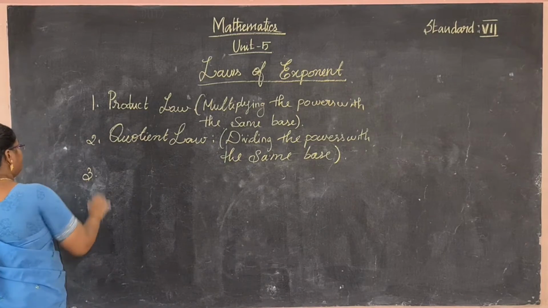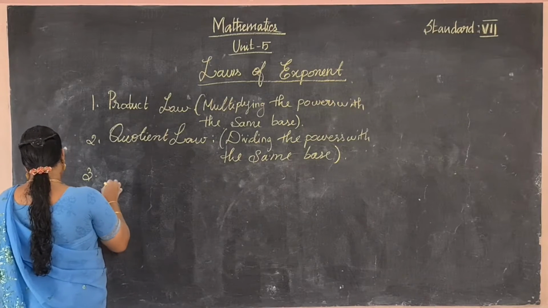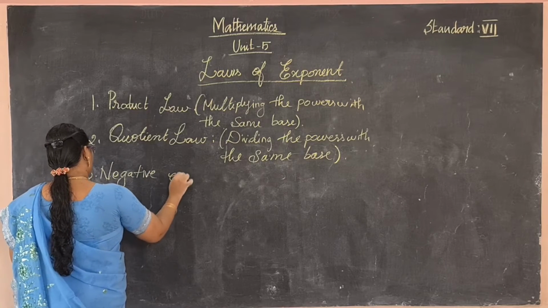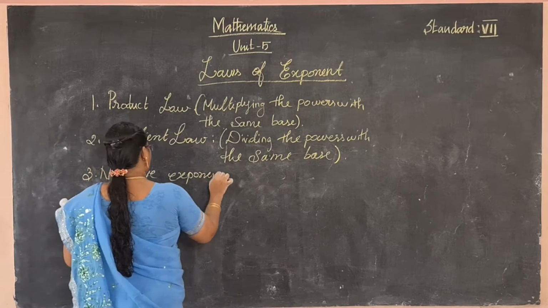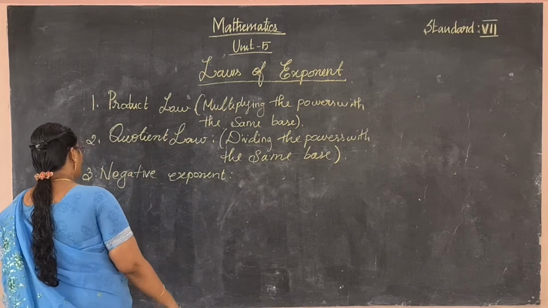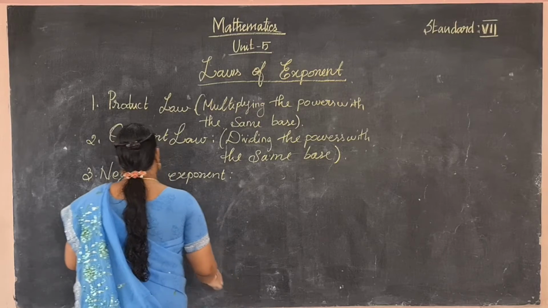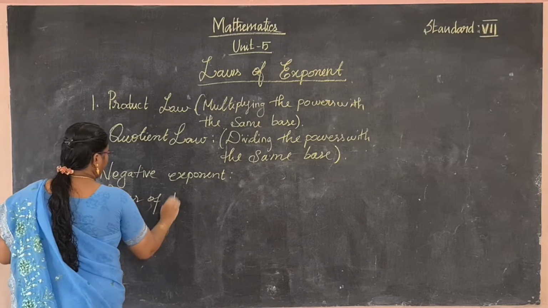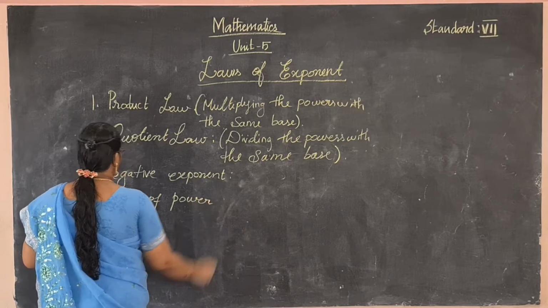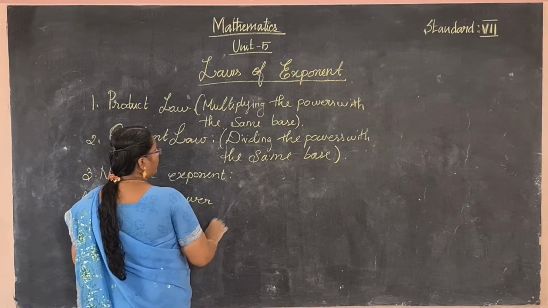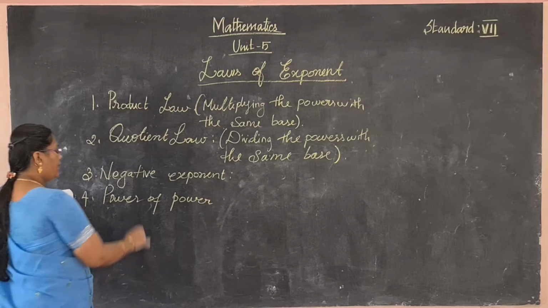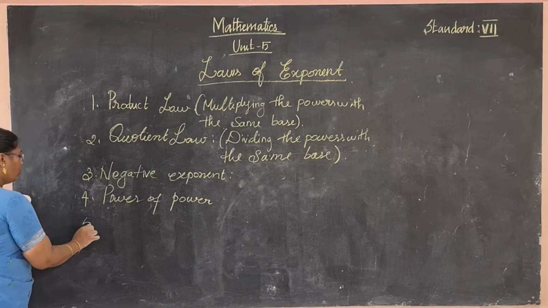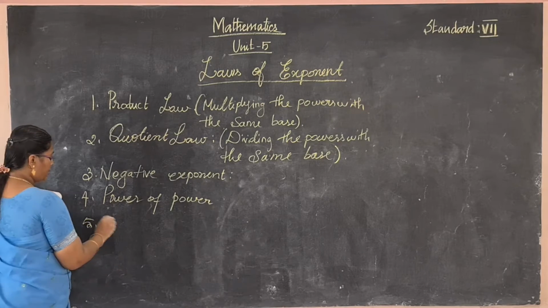The third one is the negative exponent rule, and the fourth one is the power of power law. The fifth one is the zero exponent.